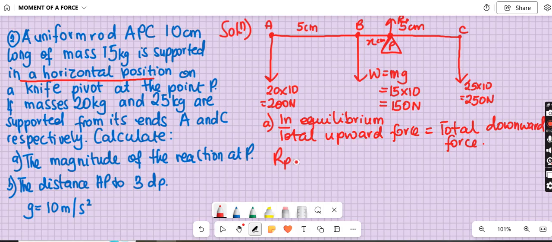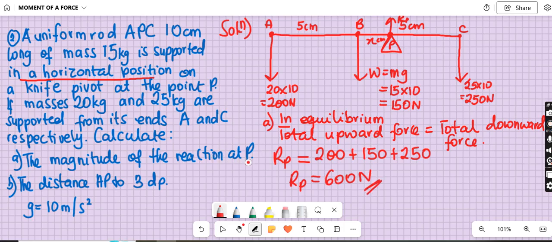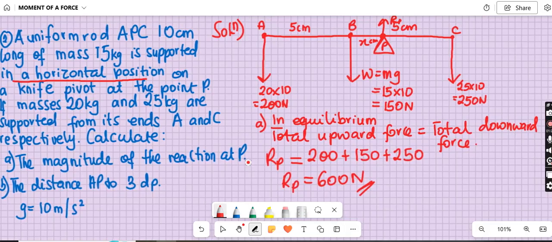That's our reaction at P. And for our downward forces, we have 200, 150, and 250. Let's sum them. 200 plus 150 is 350, plus 250, 600. So we should have 600 Newtons, and that is the reaction at P. So we've solved the first part of this question.